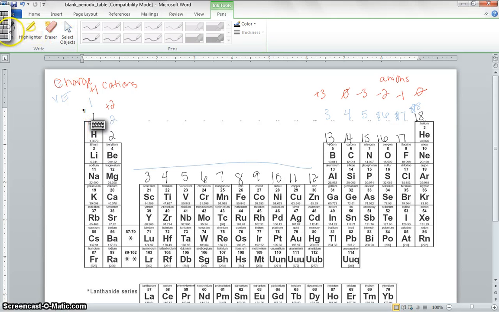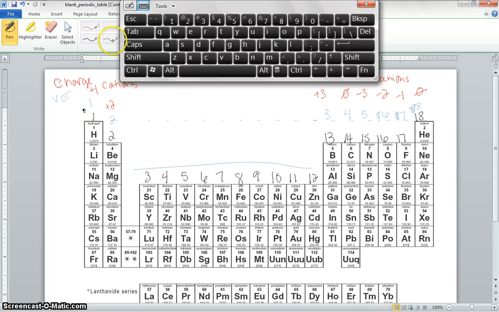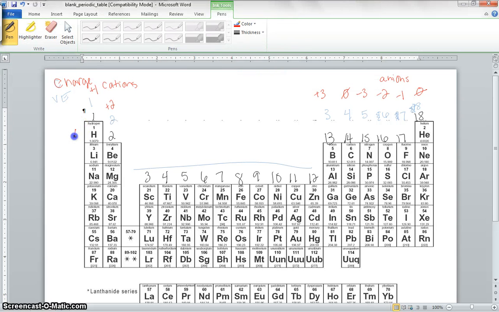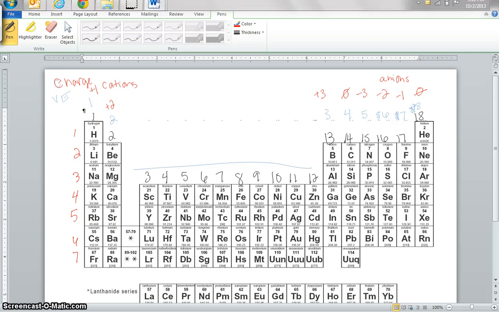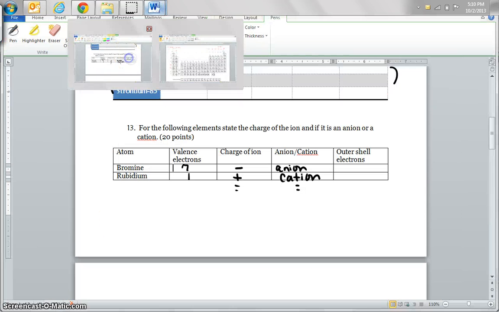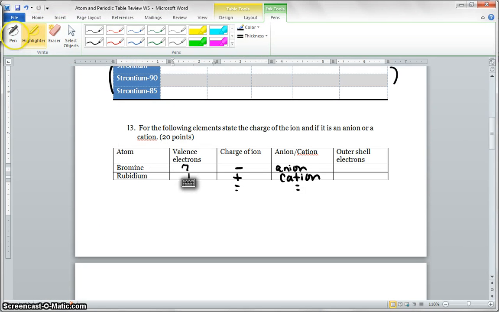So we have 1, 2, 3, 4, 5, 6, 7. So bromine is in period 4, and then rubidium is in 5, so that's going to be our periods. So we have 4 and 5.